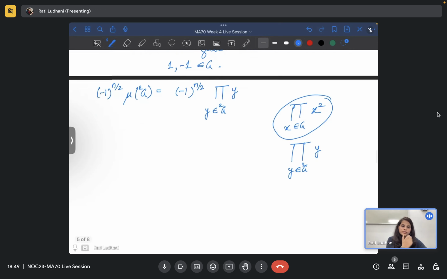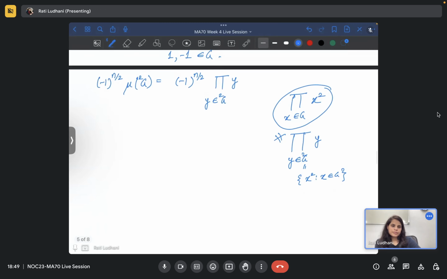Can anyone tell me why? Because you know that 2G is all the elements x square where x belongs to G. So I'm saying these two products need not be equal every time. Certain numbers could get repeated.